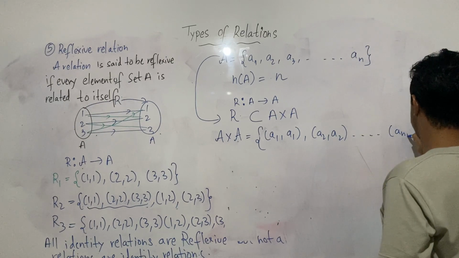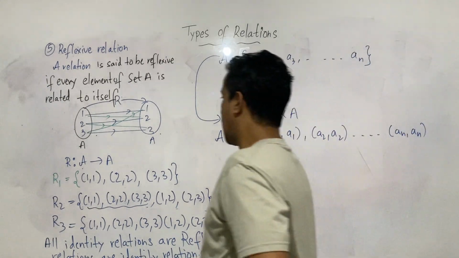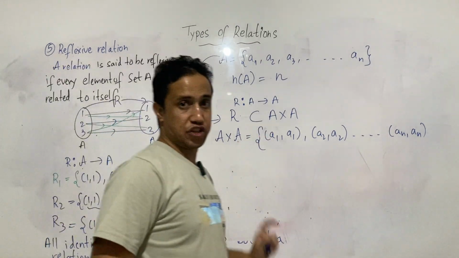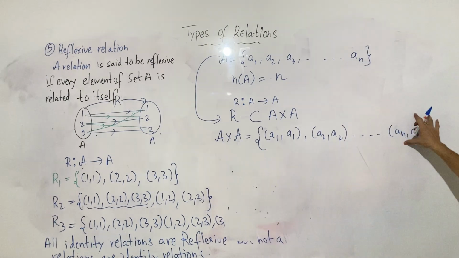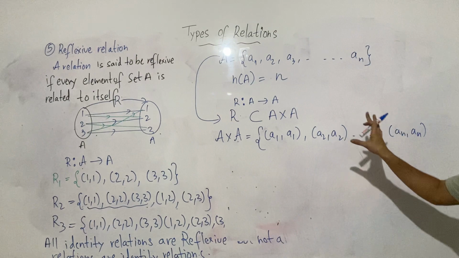up to An, An. Why? Because here I have to figure out the reflexive relation, that's why I have paired these type of elements first.